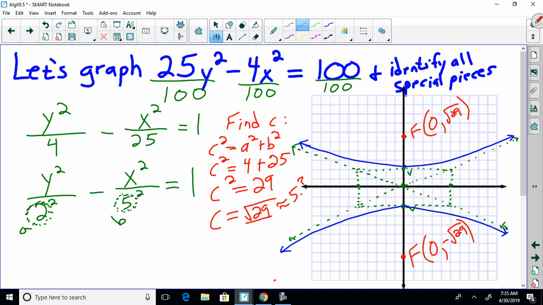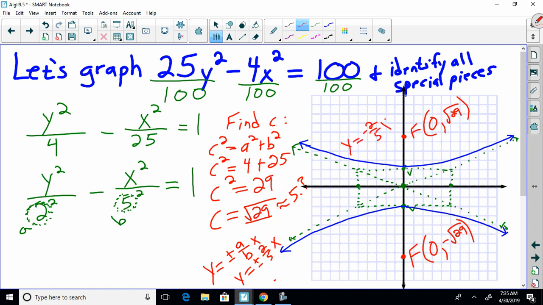Last thing, let's find the equations of the asymptotes. Remember, for an up and down hyperbola, we said they were y equals pos neg a over b x. So in this case, it would be pos neg 2 over 5 x.